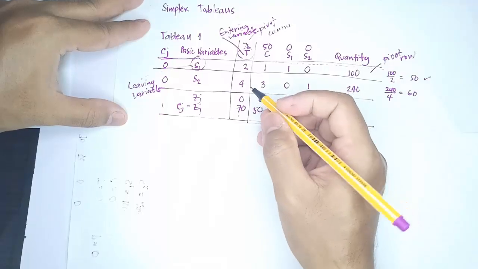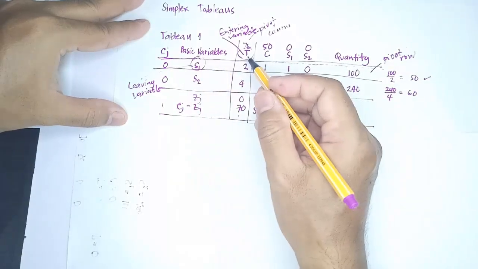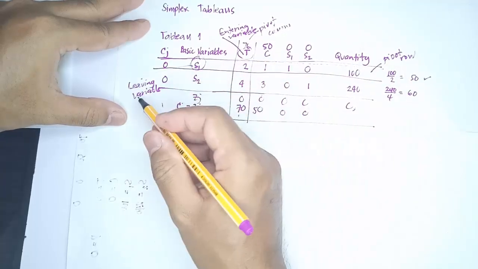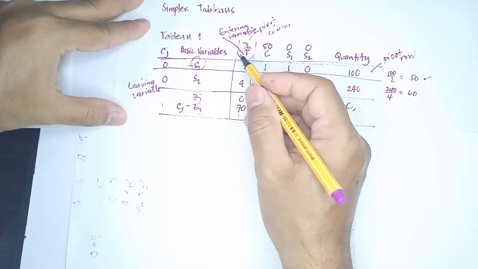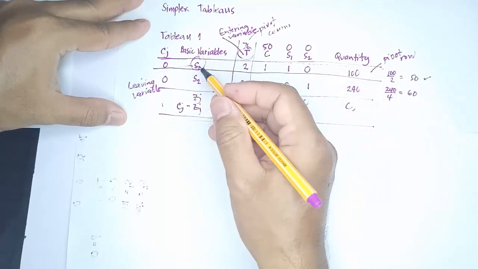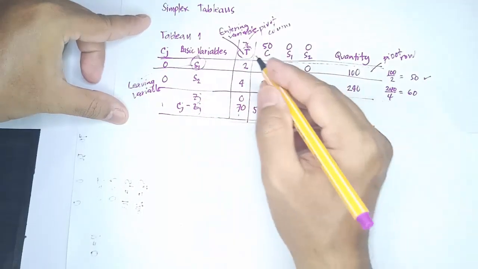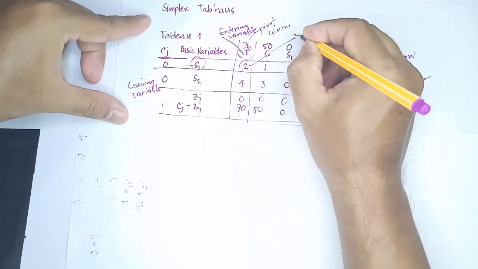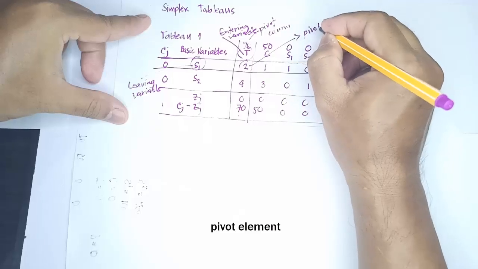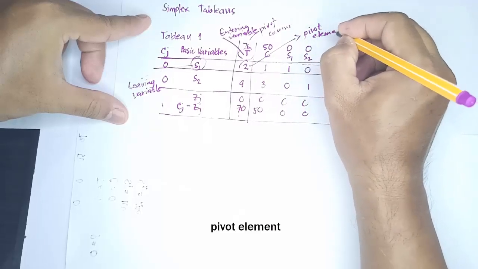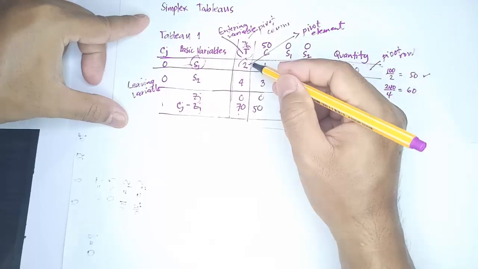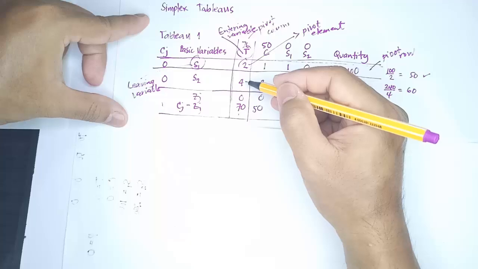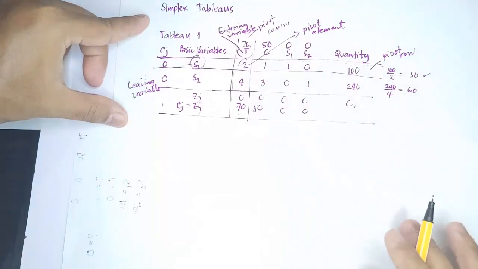On the next tableau, S1 will be replaced by the variable t. S1 will exit or leave, and variable t will enter as a basic variable. The intersection of the pivot column and the pivot row, we will call the pivot element. And the elements of the pivot column, such as 2 and 4, we will call intersection elements.